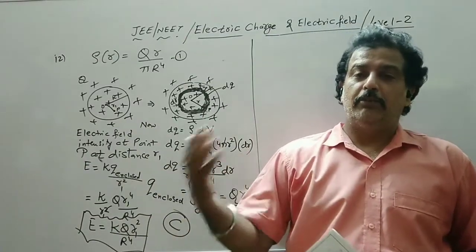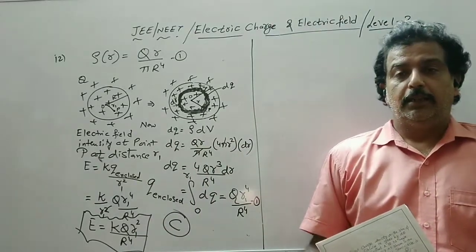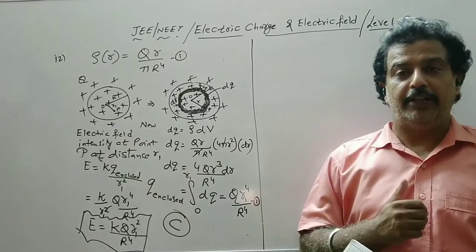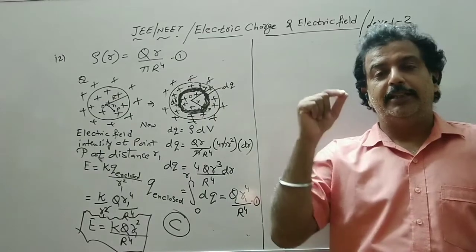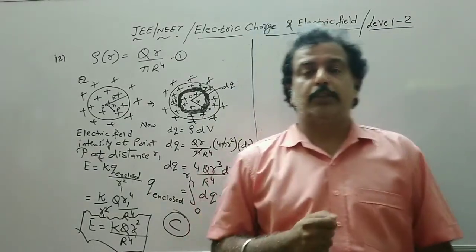That was our torque acting on a dipole, P cross E. But now the field is non-uniform. In non-uniform electric field, the resultant force is non-zero. So the dipole will perform translational as well as rotational motion.